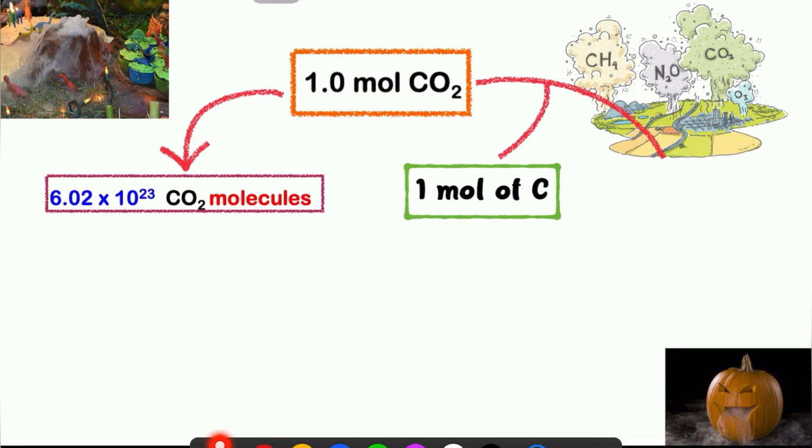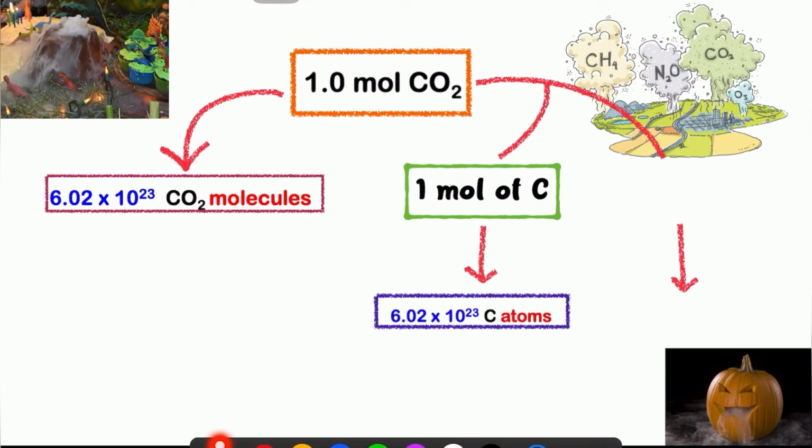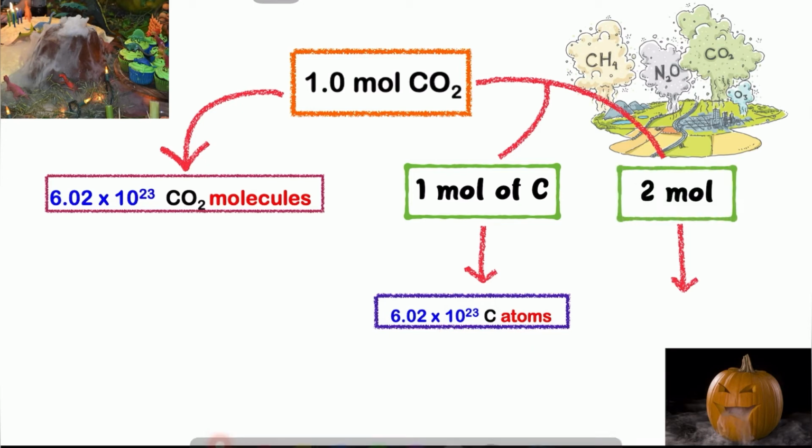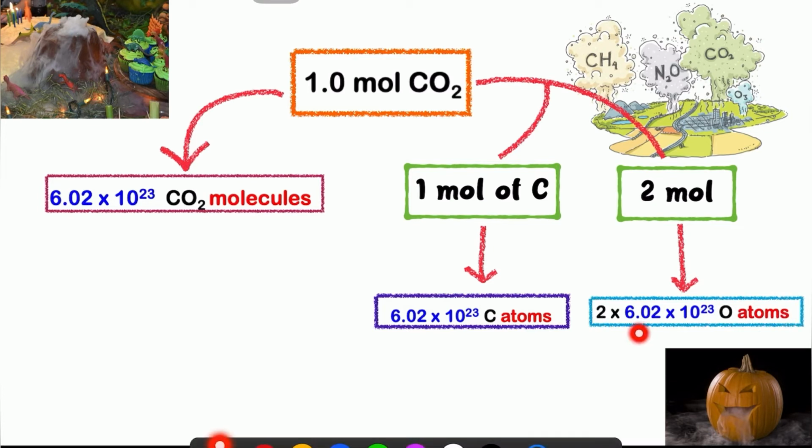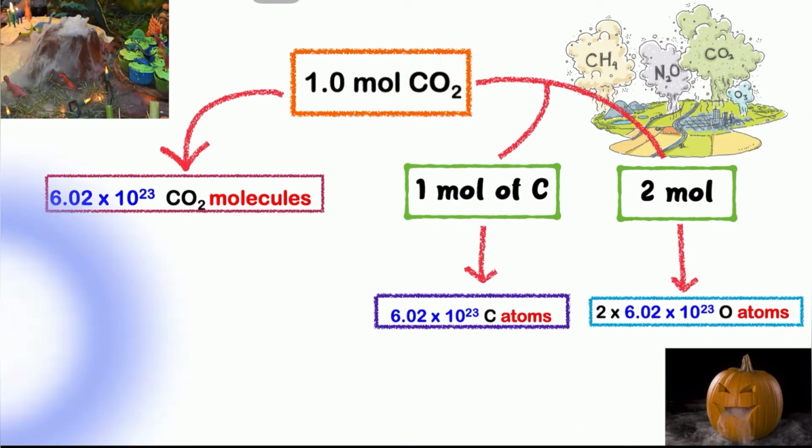In 1 mole of carbon dioxide, it has 1 mole of carbon, and there are also 2 mole of oxygen. So in 1 mole of carbon, it consists of Avogadro number of carbon atoms. And in 2 mole of oxygen, it consists of 2 times Avogadro number of oxygen atoms because there are 2 mole in the carbon dioxide.